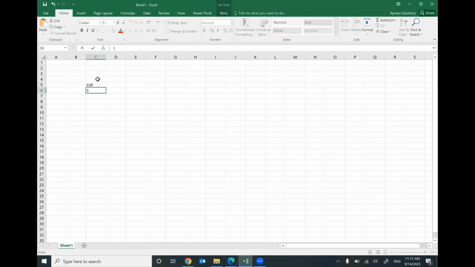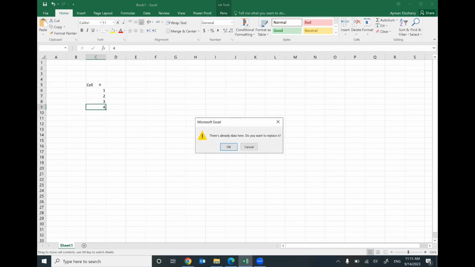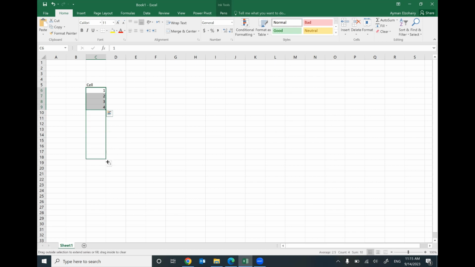I have 1, 2, 3, 4. You can highlight these and go down until you reach 18. Like this.